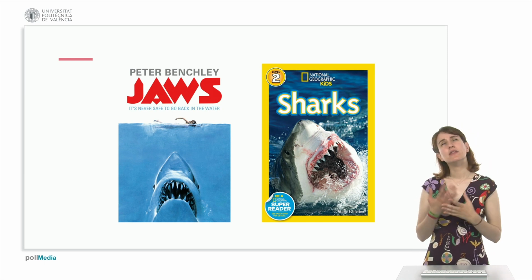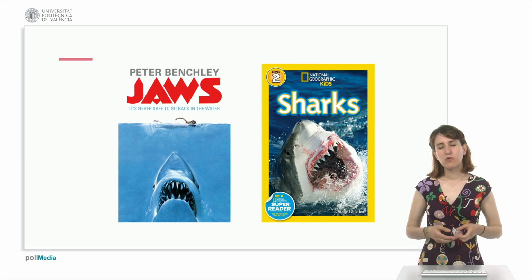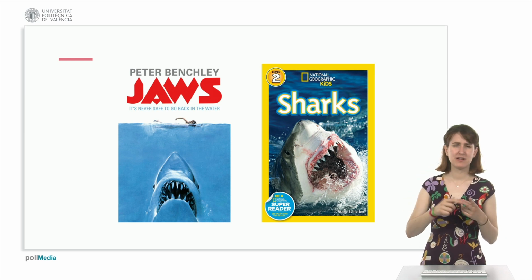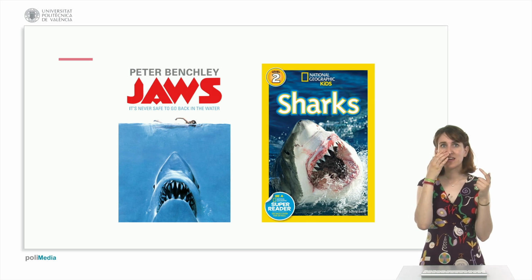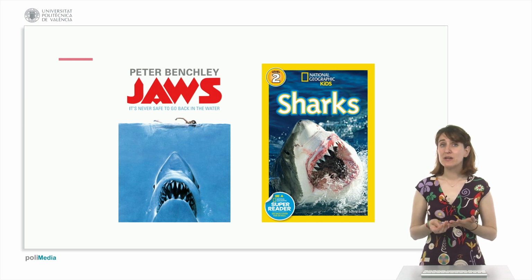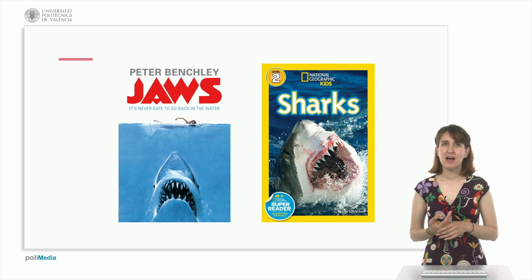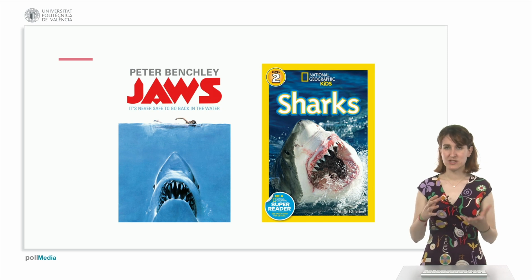The thing is that when we work on metaphors, we make use of all the knowledge that we have stored here in our brains from our experience, our history, everything that we know. It's all stored here. Now, in the case of sharks, for example, we know things from the movie Jaws, directed by Steven Spielberg, adapted from the novel by Peter Benchley, where there's the shark that goes into the beach and eats people without them noticing that the shark is in the water.